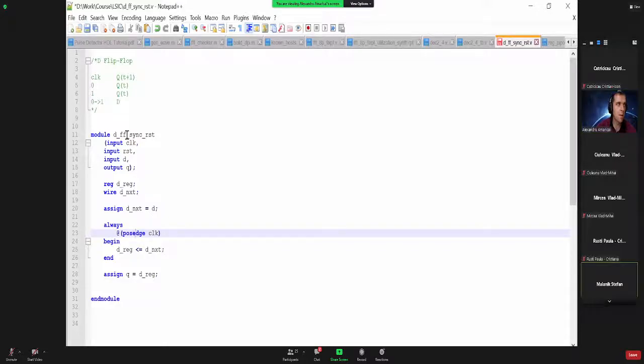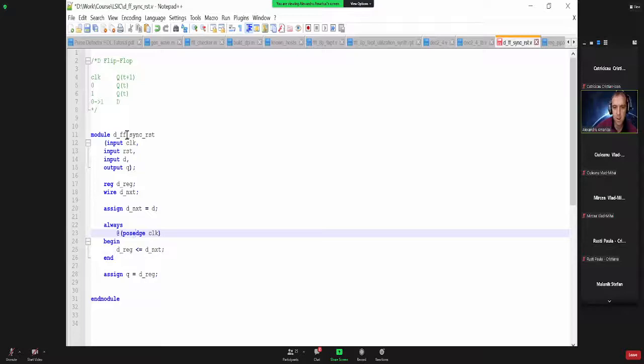It means that whenever the reset changes its value, at that moment it will make the sequential element go into the known state.